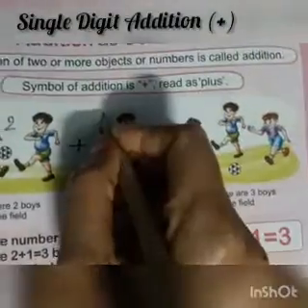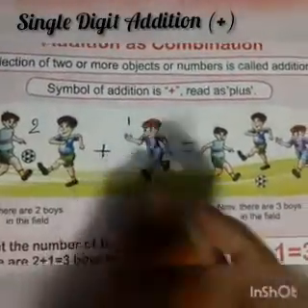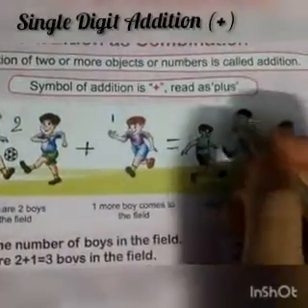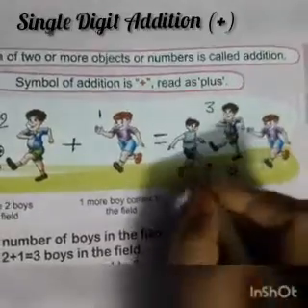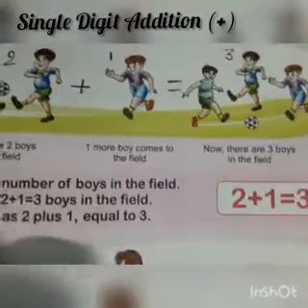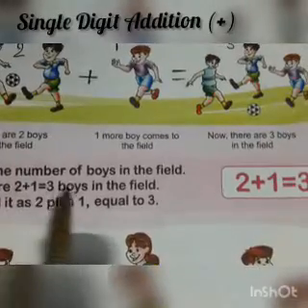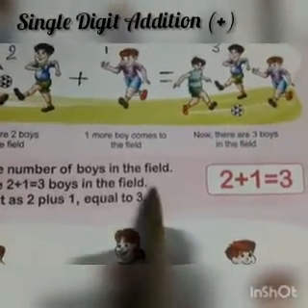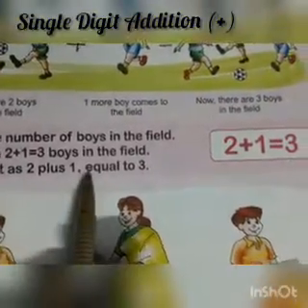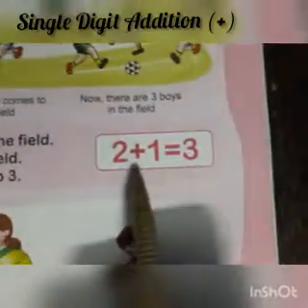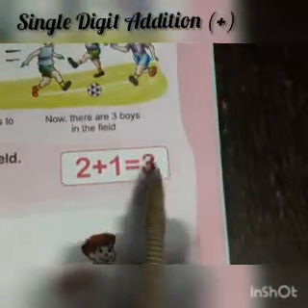And only one boy has joined them. So 2 plus 1 is equal to 3. Okay. 1, 2, 3. We read it as 2 plus 1 equal to 3. See, it is written here: 2 plus 1 equal to 3.